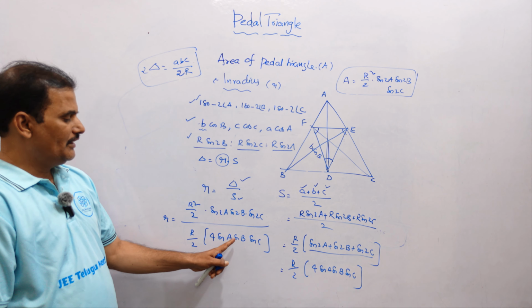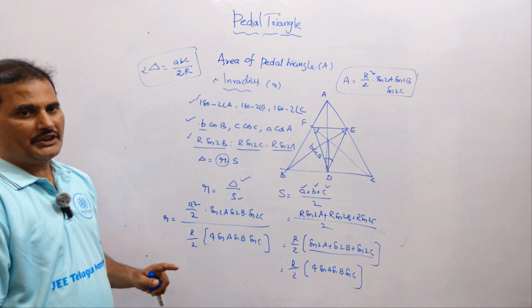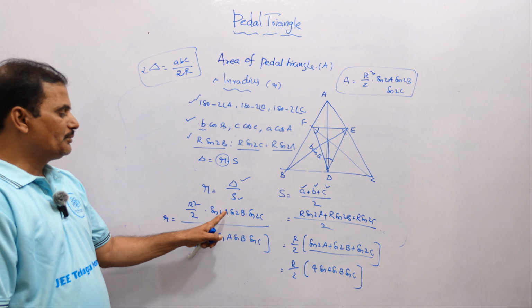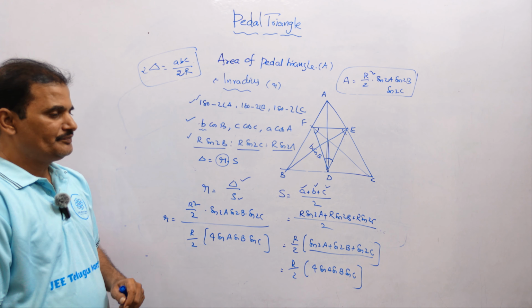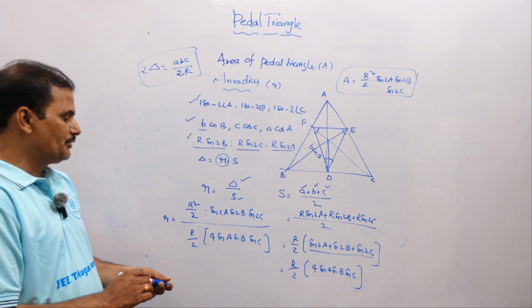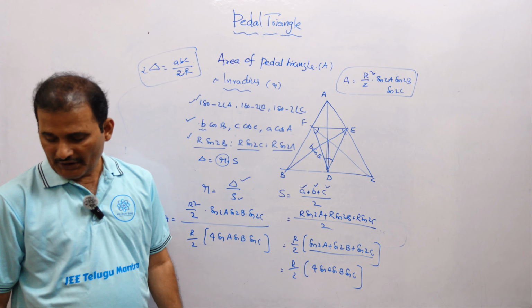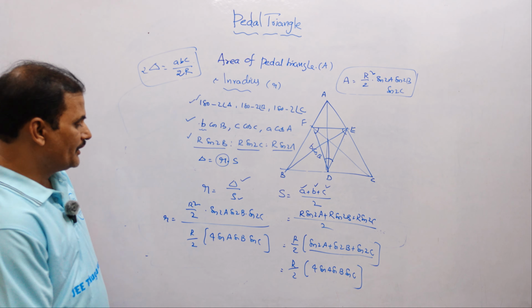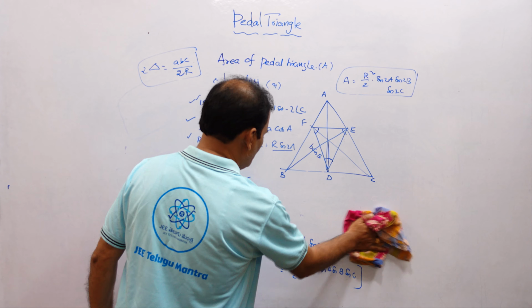See here, sin A, sin B, sin C are in the denominator and in the numerator sin 2A, sin 2B, sin 2C. Now I apply the formula for sin 2A, sin 2B and sin 2C in terms of sin A, sin B, and so on. Now I remove the semi perimeter.